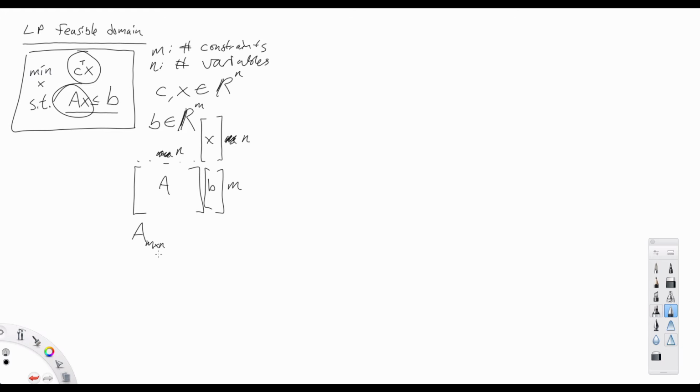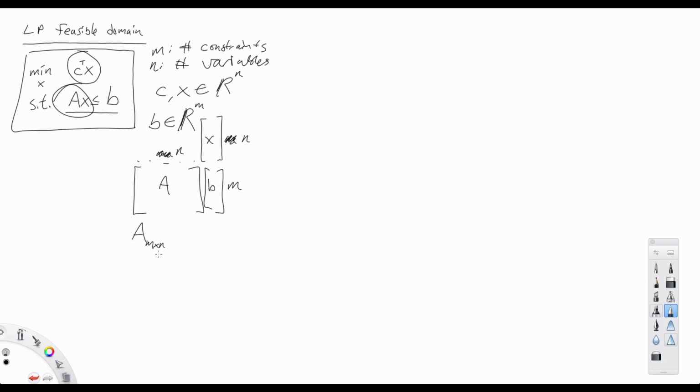We can have some number of constraints m, and m could be different from n. Something to observe here that's interesting is that the way we've defined the constraints here in this linear program basically amounts to a set of half spaces.